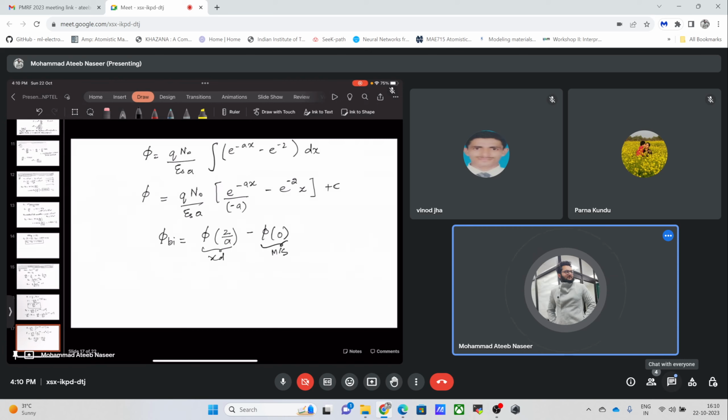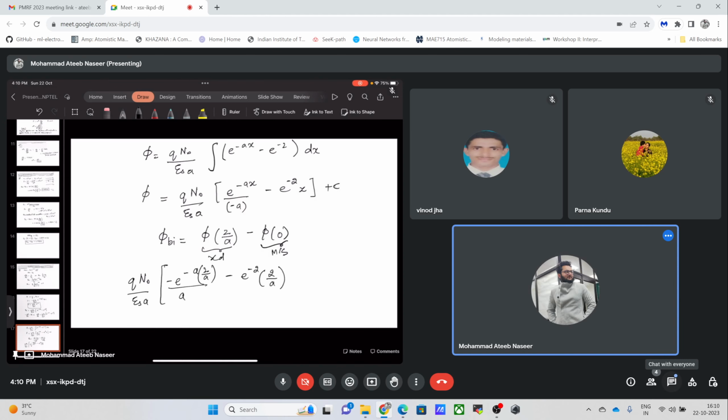We will simply get q times n naught by epsilon s a, exponential of minus a by 2 by a minus a, this will be minus times e to the power of minus 2 by a.